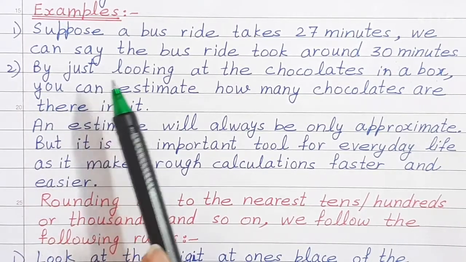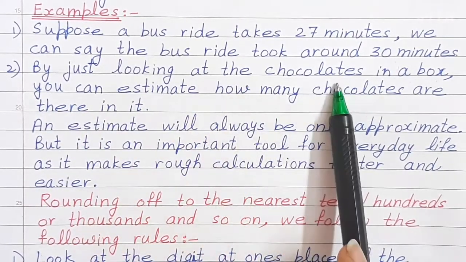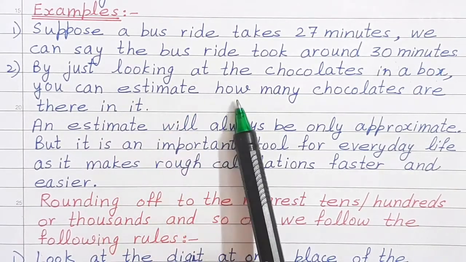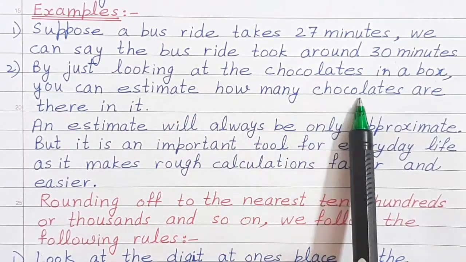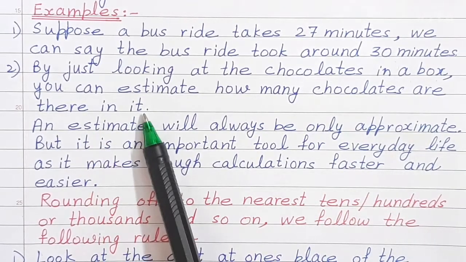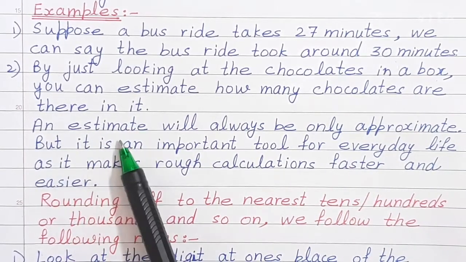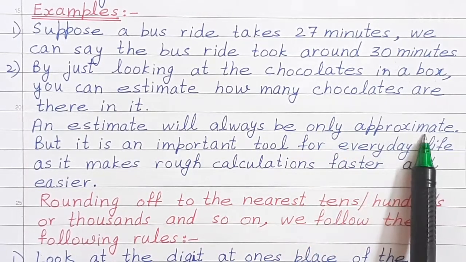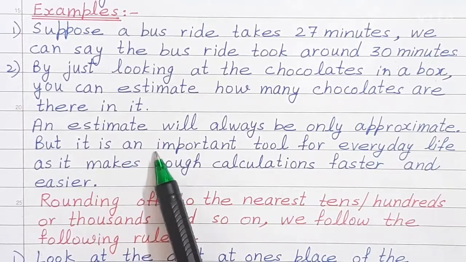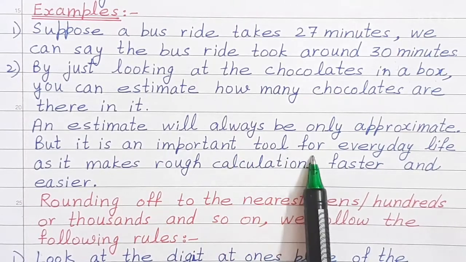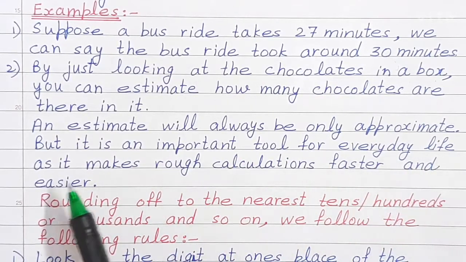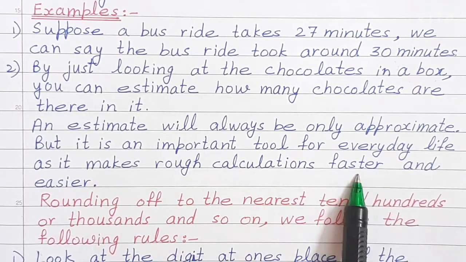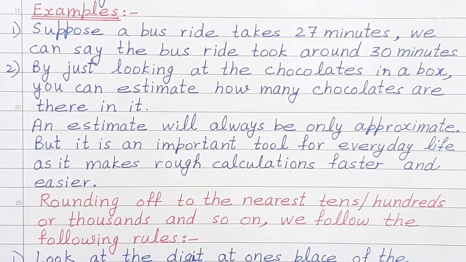By just looking at the chocolates in a box, you can easily estimate how many chocolates are there in it. So, an estimate will always be only approximate, but it is an important tool for everyday life as it makes rough calculations faster and easier.